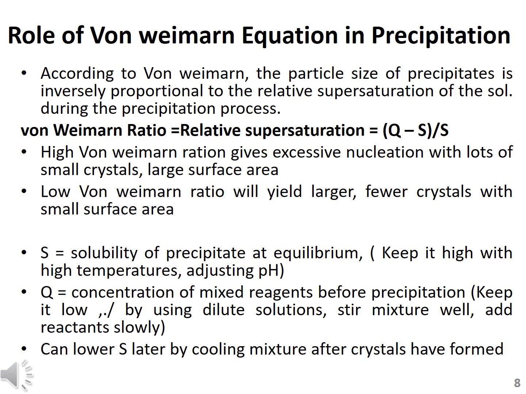So what is relative supersaturation? It is equal to Q minus S divided by S, where Q is the concentration of the reagent and S denotes the solubility of the precipitate at equilibrium.